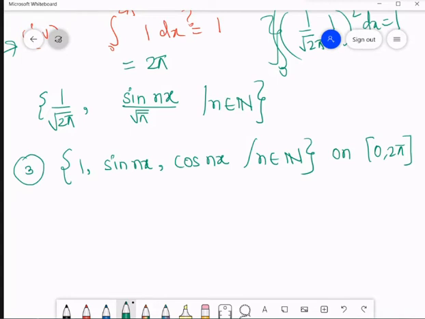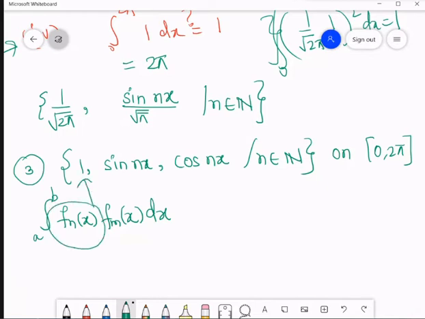Now, how many integrals have to be checked to check whether this is an orthonormal set or not? Coming to the first part, if I'm checking the integral of fn x and fm x dx, how many possible expressions are there? If my fn comes from this family, then my fm can be either this or this. So how many choices are available here? That is what we have to check.